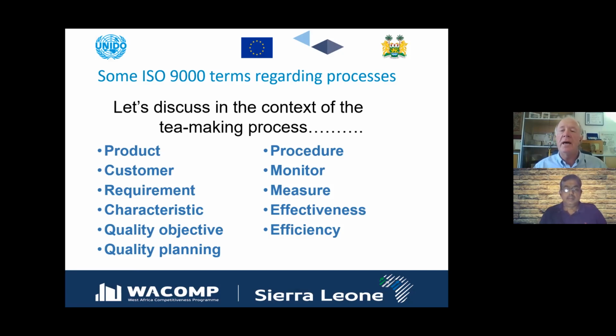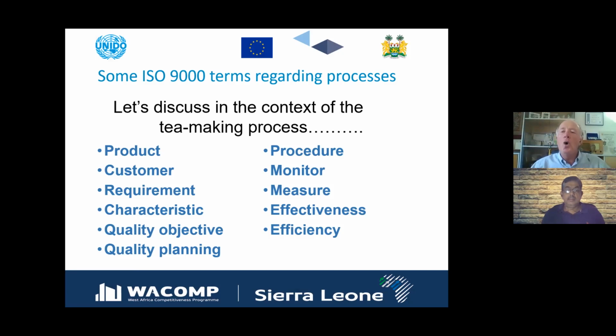What about the quality planning? How much detail needs to be in the procedure? Does it need to be documented or not? Maybe just a flow chart, or maybe just a very simple work instruction. What monitoring is needed? I think everybody would recognize it would be crazy to say ISO 9001 requires process measurements, and therefore we're going to have a calibrated thermometer that we put into the kettle to make sure that the water is at 100 degrees centigrade before we actually pour the tea into the cup.